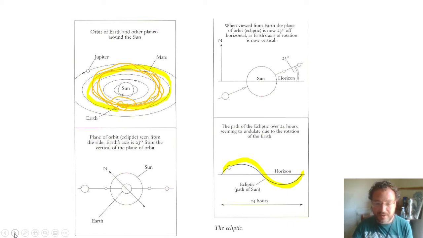So because the Earth is pointing at this 23-degree angle from the ecliptic, when we're in a certain position in this yearly cycle, we're pointing towards the Sun, and when we're in another position, we're pointing away from the Sun, and that gives us summer and winter.